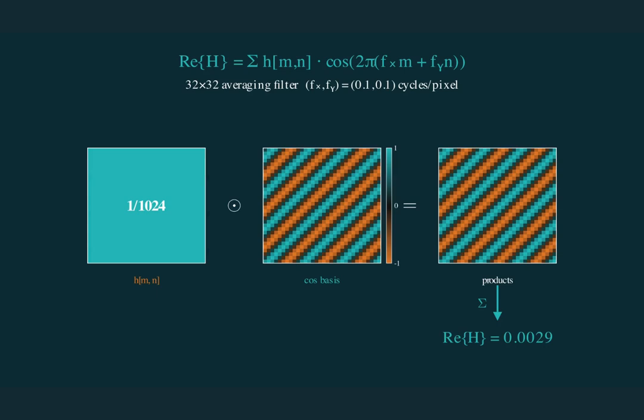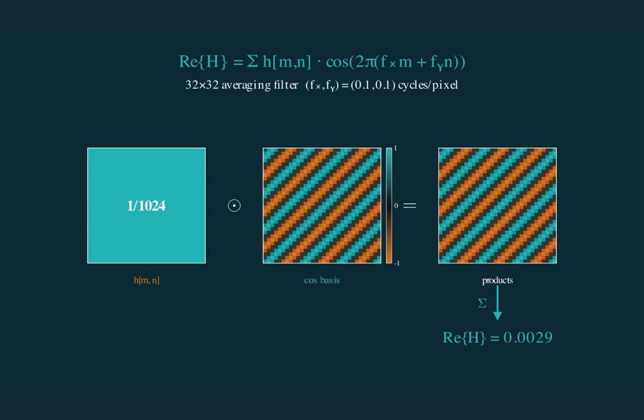But now notice that since you're summing over roughly the same amount of positive and negative values, you get a result close to zero. And that shouldn't come as a surprise, because now you're comparing a constant image, the image corresponding to the filter coefficients, with a very rapidly varying field, and then there is little similarity anymore.